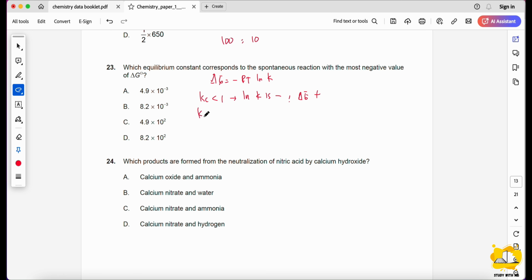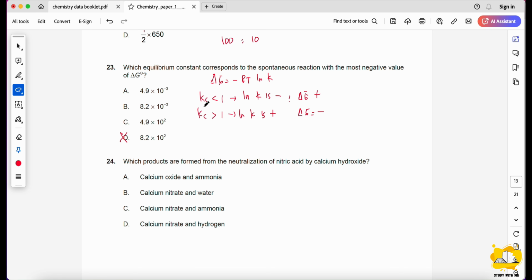But if Kc is bigger than 1, then ln K is positive and delta G will be negative, so this will be spontaneous. So Kc should be bigger than 1, and the biggest number for Kc is D.